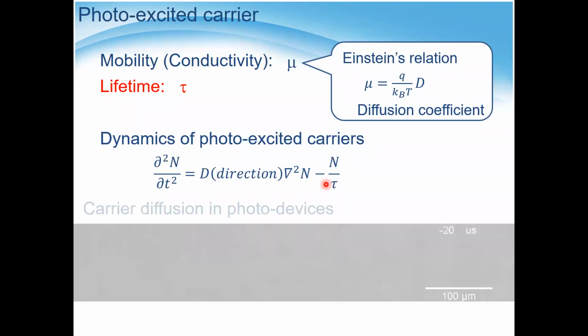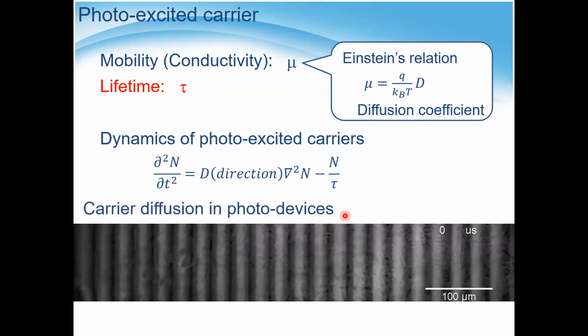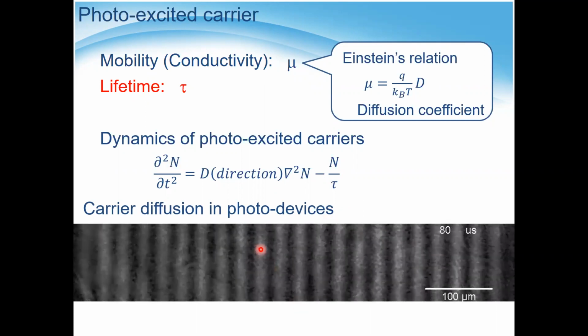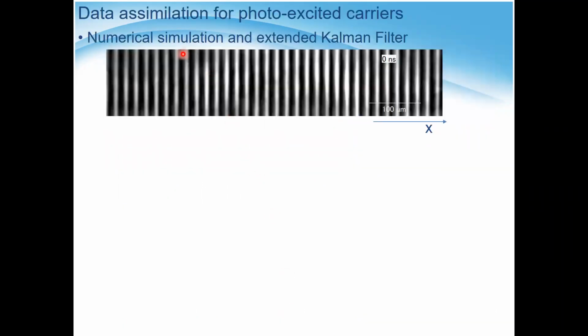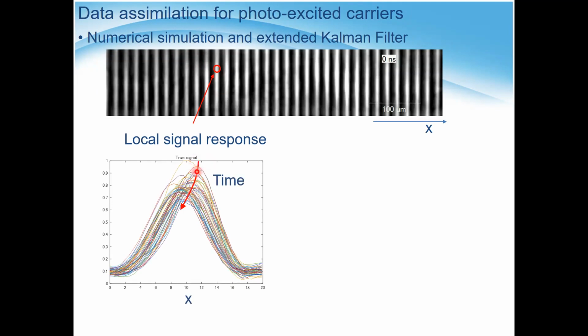Right? So what we need to do is, when we observe this kind of refractive index pattern at each local position, we apply this physical model to estimate the local parameters. So for example, at each local position, at this section profile, you could obtain the time response of the signal, the refractive index change corresponding to the distribution of the charge in space, and it was gradually decaying.